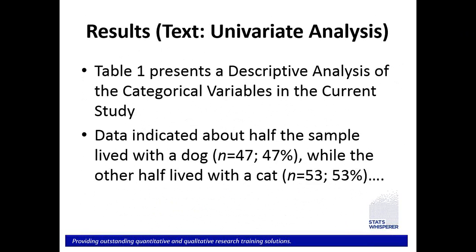But we have our stem here, indicating essentially what's there. So we start off the paragraph as such: Table 1 presents a descriptive analysis of the categorical variables in the current study. And then we start describing them.